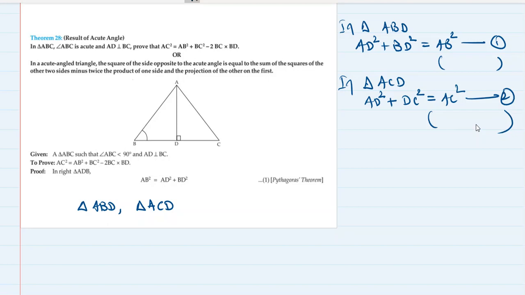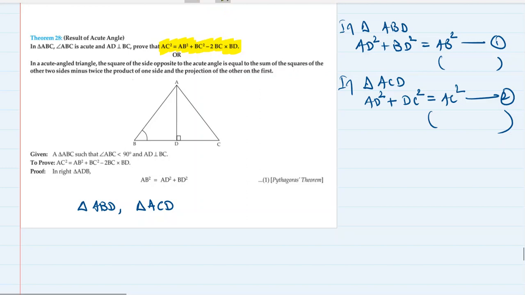Now see, what do we have to prove? We have to find the value of AC square, but in terms of AB square, BC square and the product of BC and BD. So what is not required in this whole proof? I don't see the value of AD square in the statement to be proved. Do you see AD square anywhere?